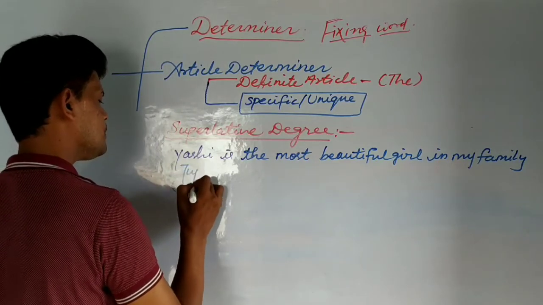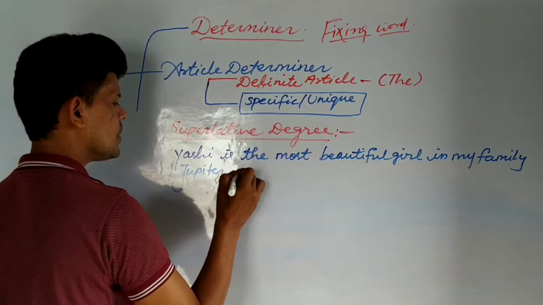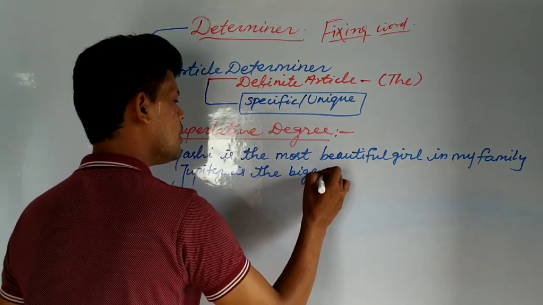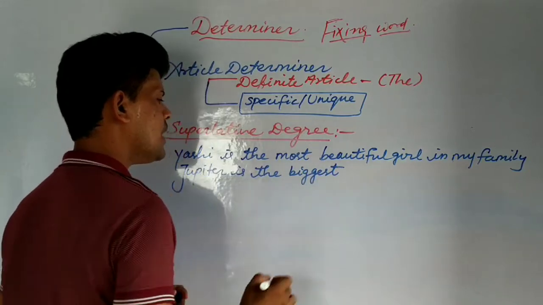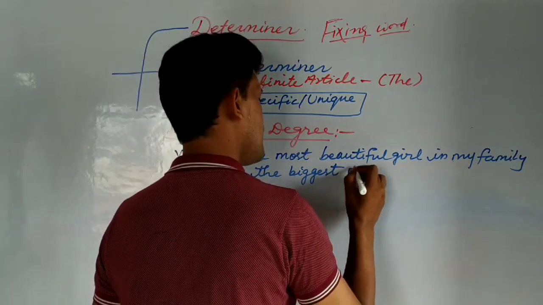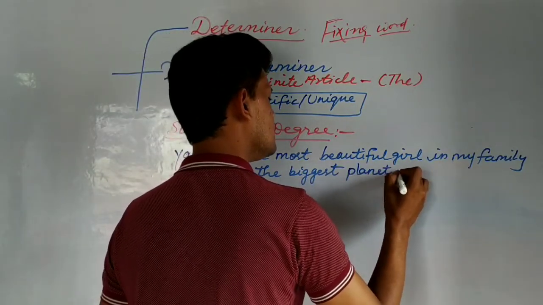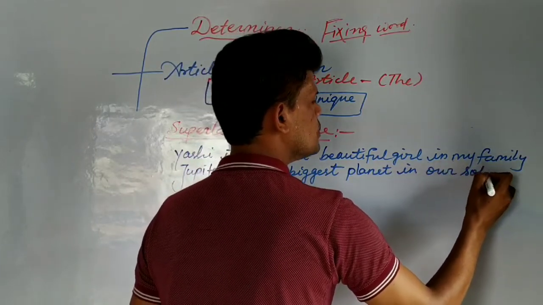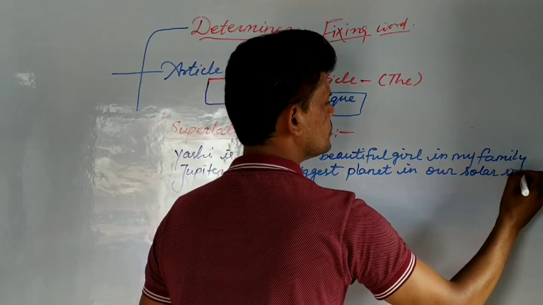Jupiter is the biggest planet in our solar system.